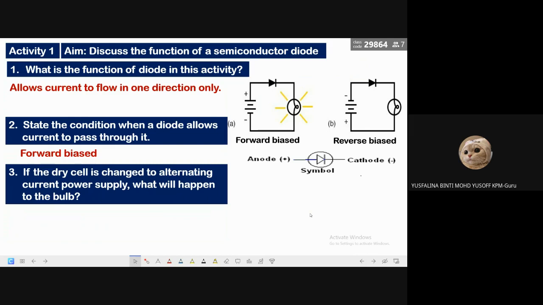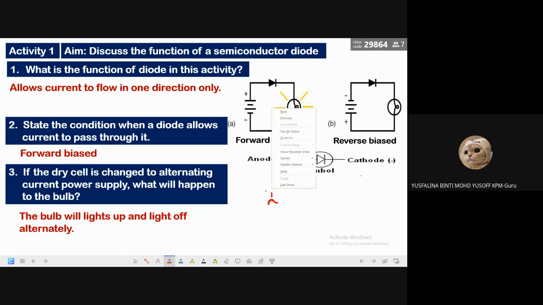If the dry cell is changed to an alternating current power supply, what will happen to the bulb? The bulb will light up and light off alternately. Why? Remember, this is the symbol of alternating current.